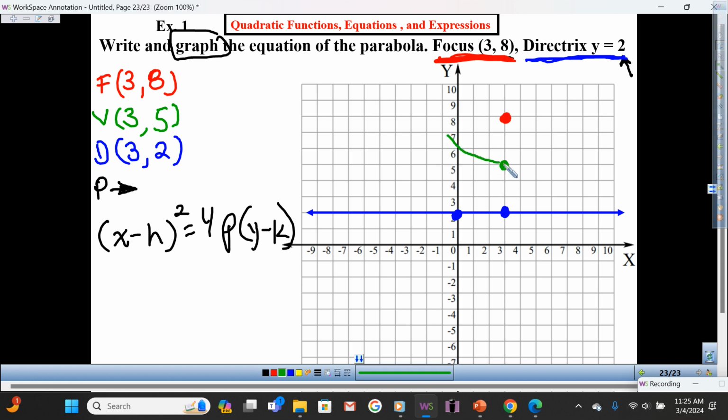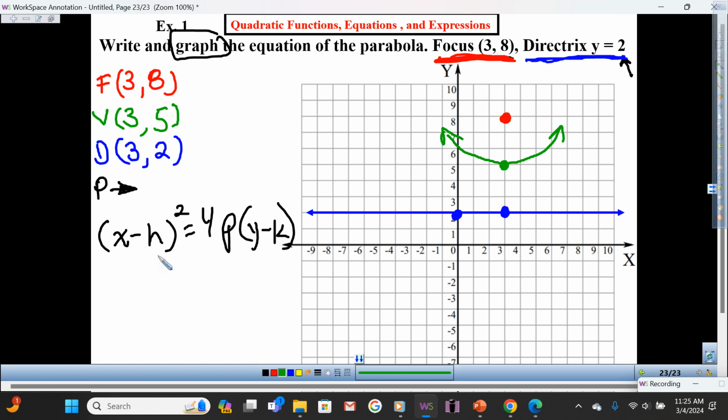So then you just kind of mimic it and show me that it opens towards the focus. That's what you're going to do for the home play tonight. Easy squeezy. All right, from 1 to 5 up to right there, graphing the parabola without a table, just with that information.